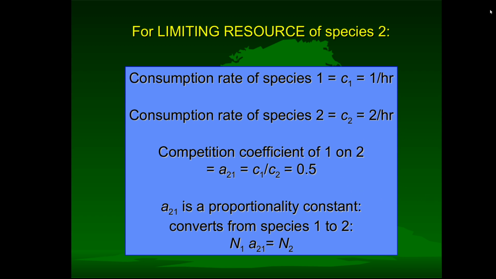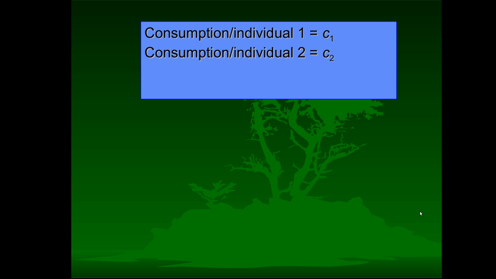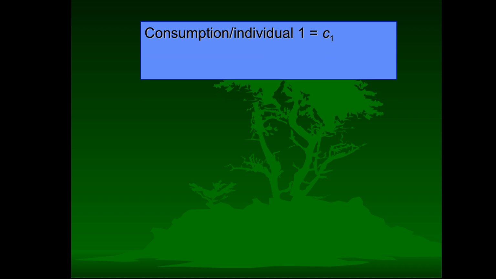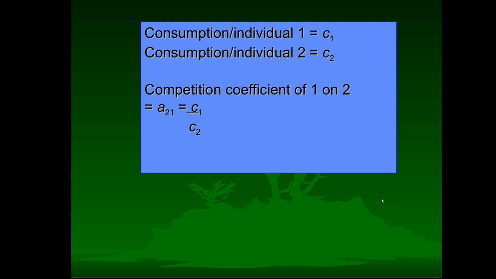So now we can find the shutout level of species 1. But first, let's just look at the units here.